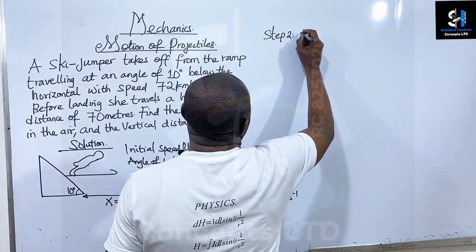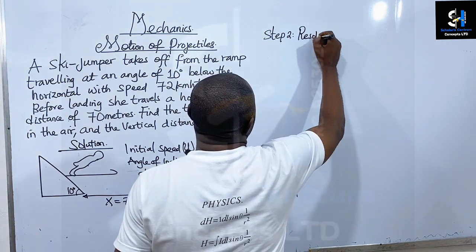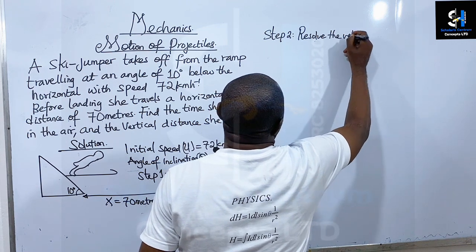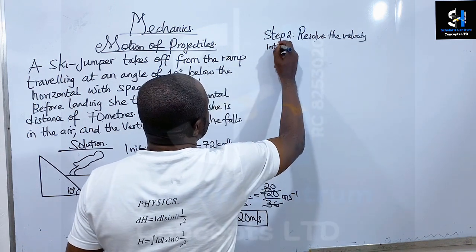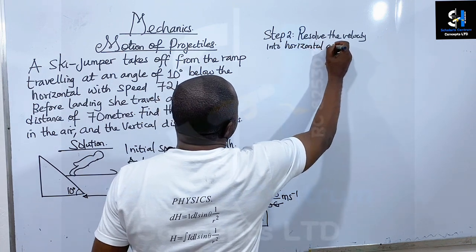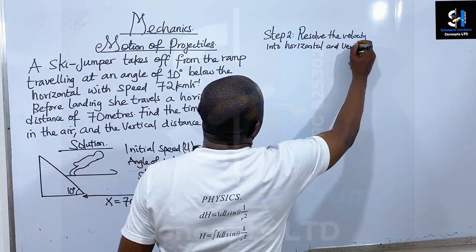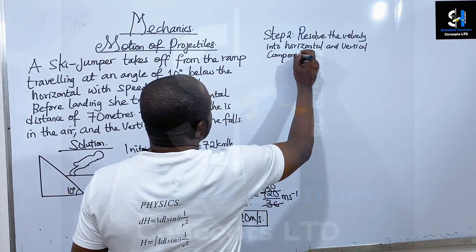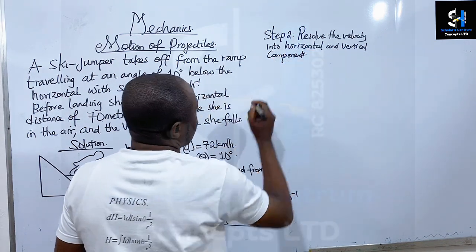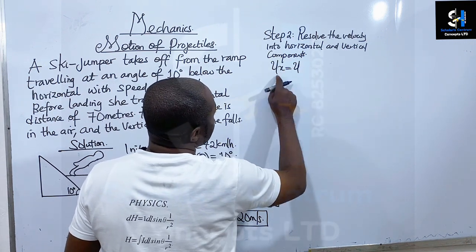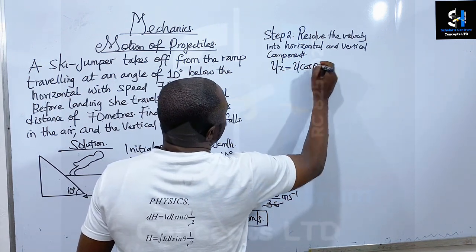Step two is for us to resolve the velocity into horizontal and vertical components. We know that the horizontal component is ux, and that will be u cos theta.